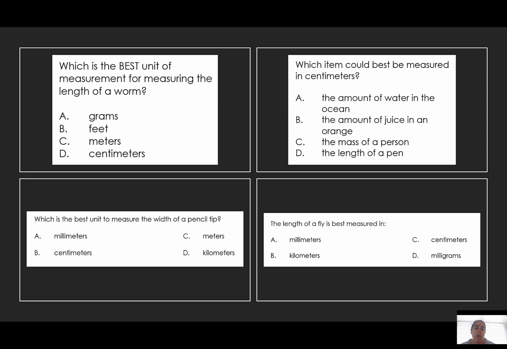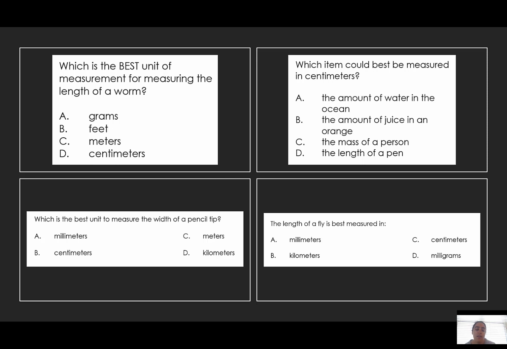Let's try 4 more. Which is the best unit of measurement for measuring the length of a worm? Grams, feet, meters, or centimeters? Which item could best be measured in centimeters? The amount of water in the ocean, the amount of juice in an orange, the mass of a person, the length of a pen.